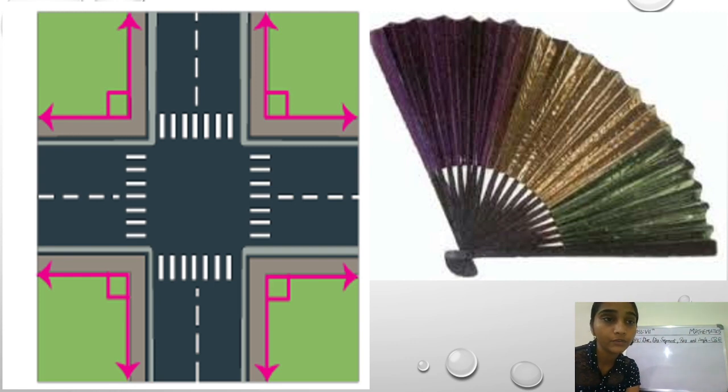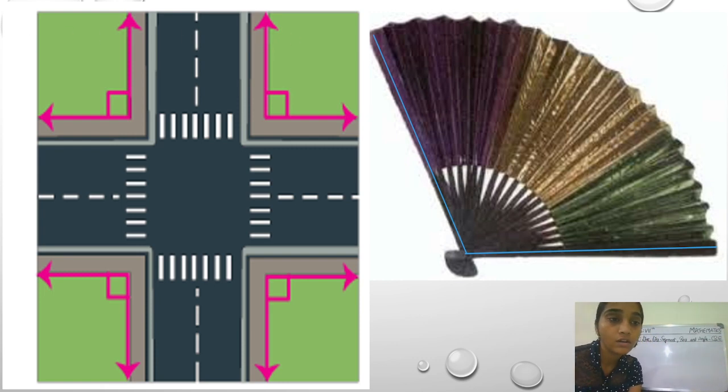And also if I consider this fan, I can mark these two rays: the first one is this, and the second one I will mark like this. So what can you infer from here? Yes, that I have drawn two rays, because each has one endpoint only and on the other side it goes endlessly, right? Here also I have marked rays.